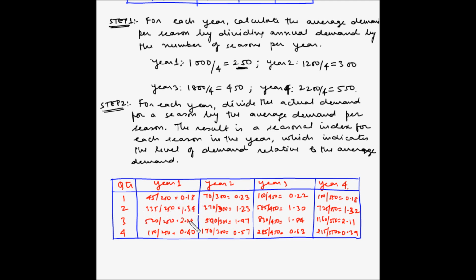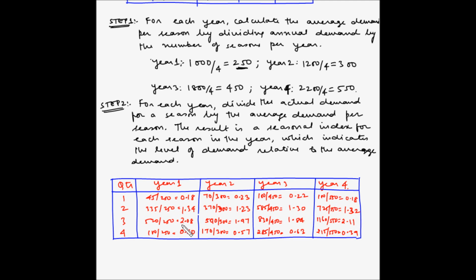Now if we observe these, we'll see that the seasonality index for Q1 across the 4 years is almost the same, which is around 0.2. So 0.18, 0.23, 0.22, 0.18. Same thing for Q2, 1.34, 1.23, 1.3, 1.32.